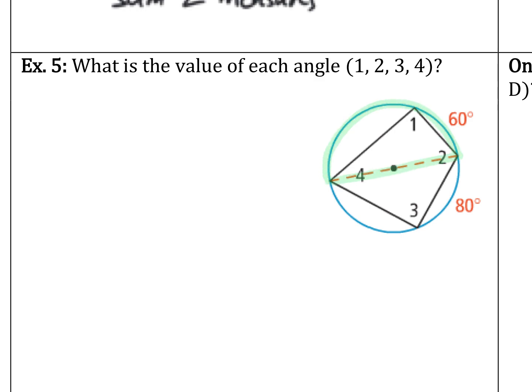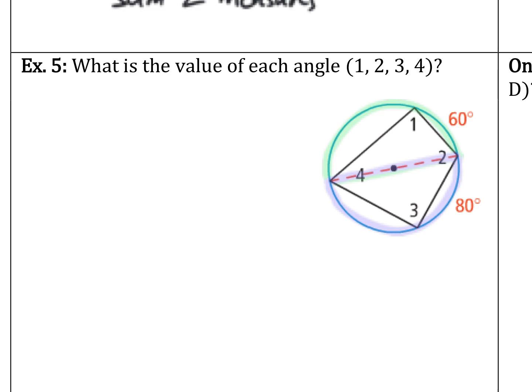Remember this is your diameter. And the other semicircle is on this side. Since this is also a special case, that diameter is creating 180 degrees. And what did we say about an angle on a semicircle? It's going to form 90 degrees.